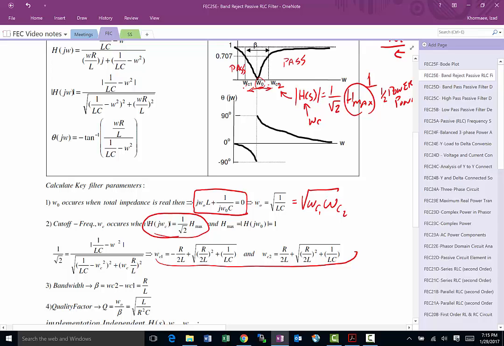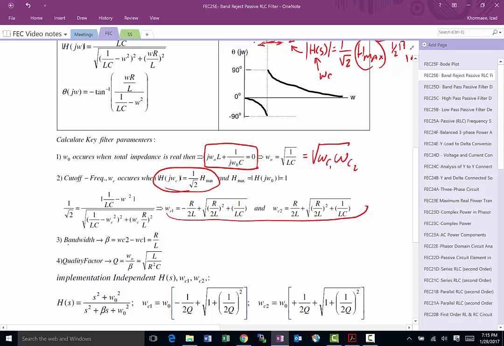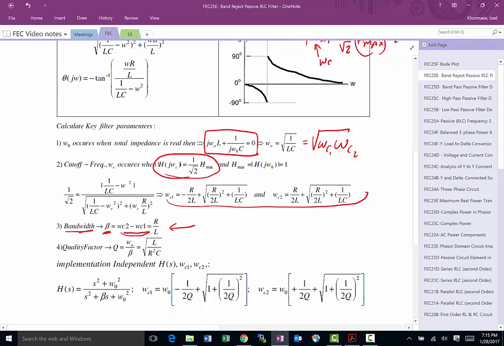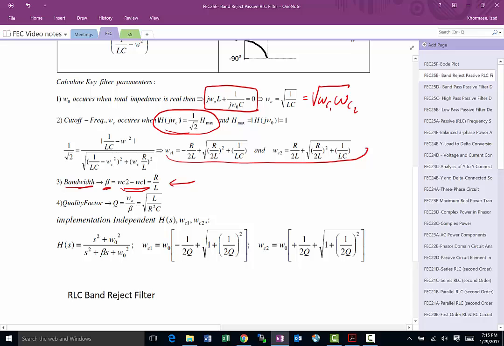You have a bandwidth that you have to deal with, represented by beta, equal to that, and in a series filter, that is R over L. And finally, we have the quality factor, as we've defined it in the band pass filter, which is simply omega 0 over beta. Since we have beta and omega 0, we're done.